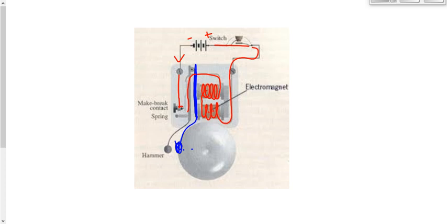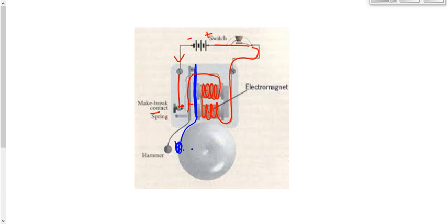What happens now? What just happened at this make-break contact? Contact was made, now it's broken. So what happens to the electric current? It stops. And as the electric current stops, this spring pulls it all back.